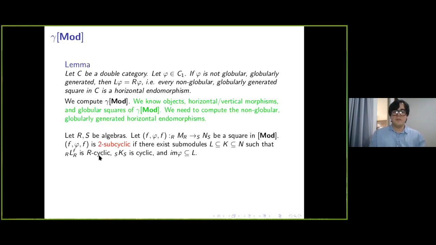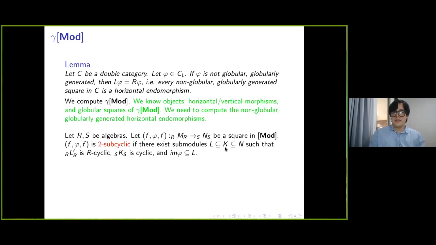I made up this name, but I don't know. Suppose R and S are algebras, and this is a horizontal endomorphism square from an R bimodule M to an R and S bimodule N. Then we'll say that this is two-subcyclic if there exist bimodules L and K of N, such that, as an R bimodule, restricting scalars on R by F, this is cyclic.